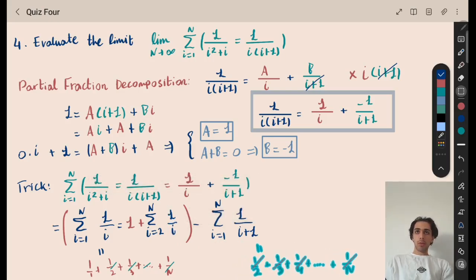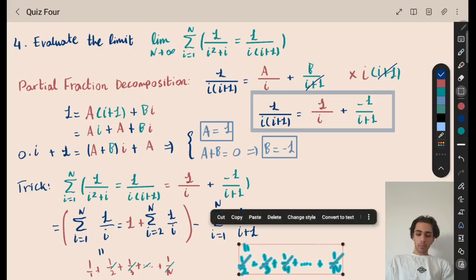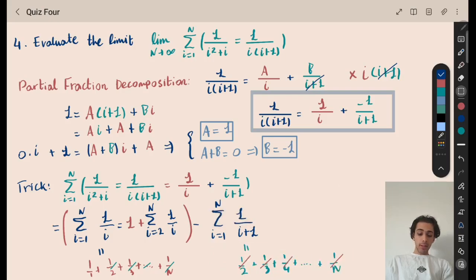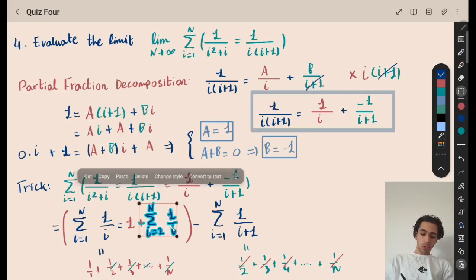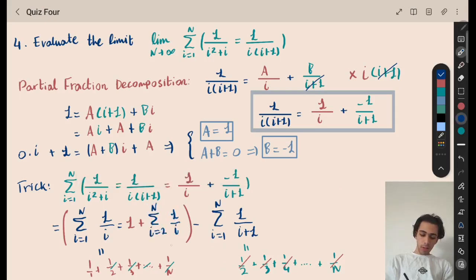Then what? Then I want you to notice that if i is starting from 2 here, and it's 1 over i, I can get the same result if I write this from i equal to 1, and I write 1 over i plus 1.